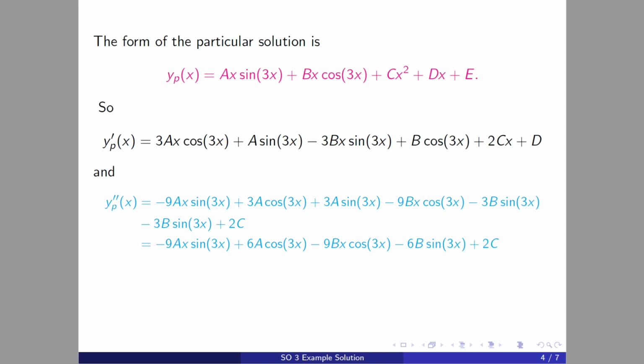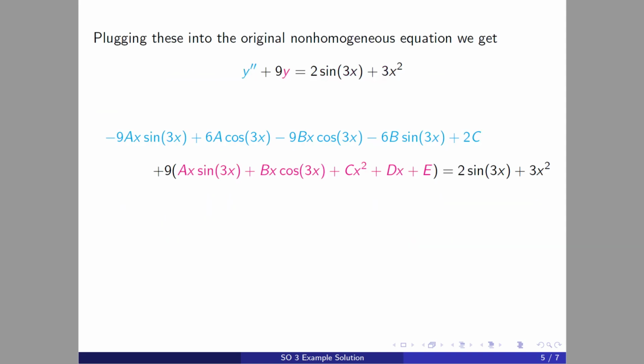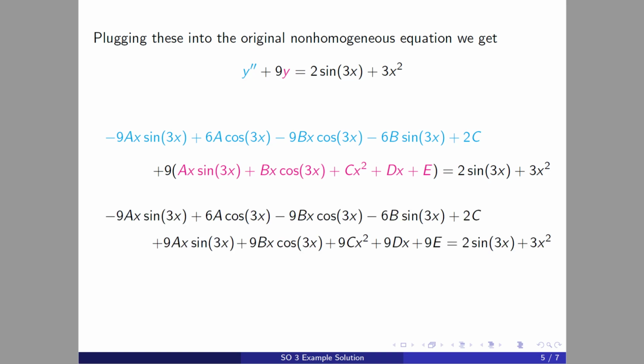So this is what we need to plug in. We have the second derivative of y plus 9y equals 2 sine of 3x plus 3x squared. Expanding all this out, the second derivative of y was what you see in blue, and y was just what you see in purple there. All we need to do at this point is a bunch of arithmetic. We need to multiply the 9 out by y, which we do here, and then combine various like terms.